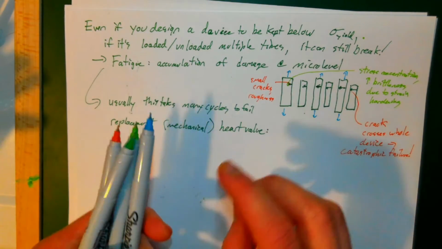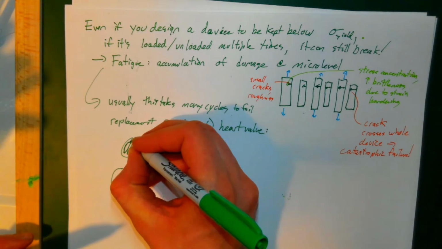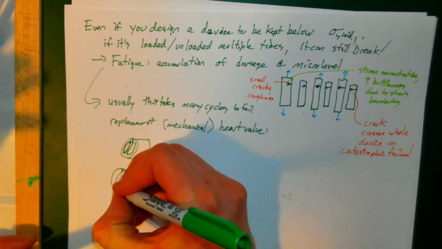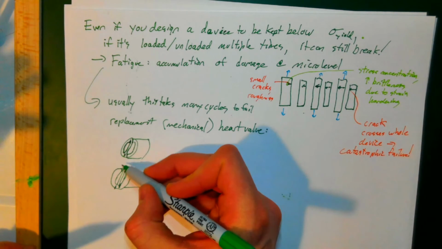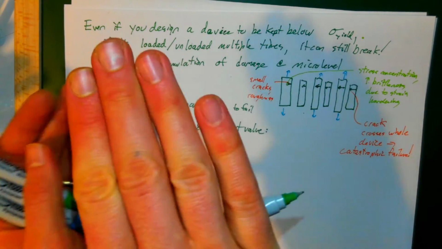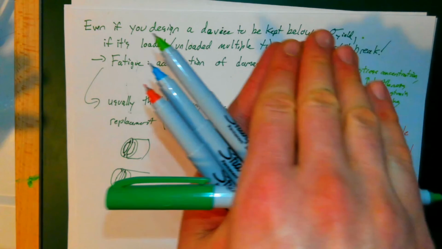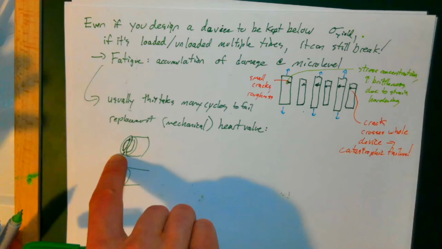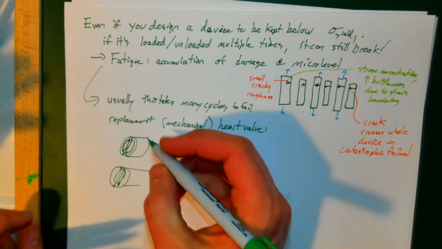And so basically every time there's a heartbeat, you can imagine there's a stress cycle on the struts that support those flaps. Those flaps are pushed along with the blood flow, and then when they close, the struts that support those flaps are stressed.